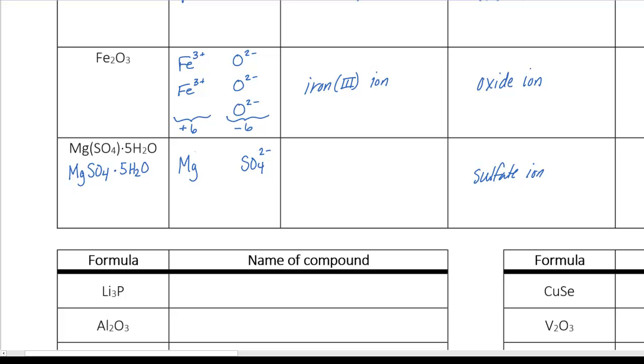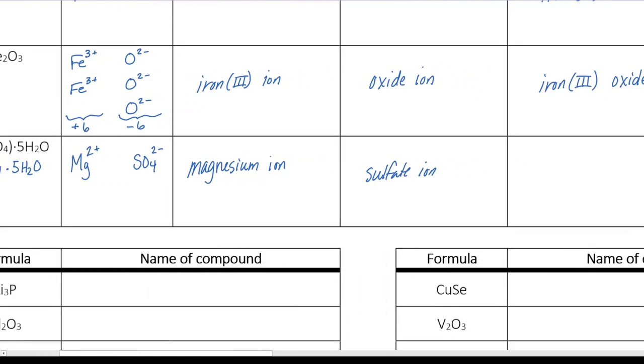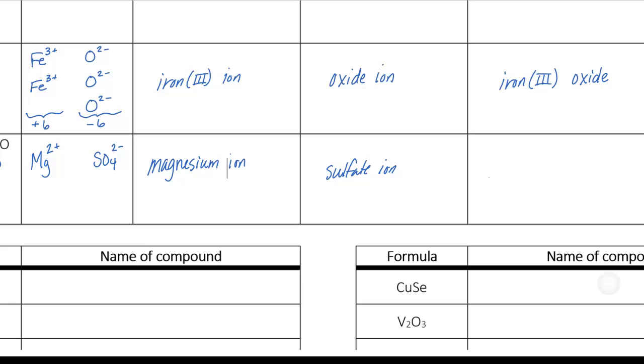Magnesium, due to its position on the periodic table, is a +2 charge and is simply the magnesium ion. Notice that we don't have to put a Roman numeral after the magnesium because magnesium is always going to be +2. So we'll name the first half of the compound, and that's going to be magnesium sulfate.